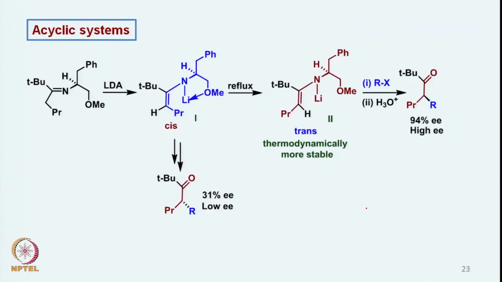In the acyclic systems it is somewhat different. If we take a similar type of chiral amine and react with tertiary butyl, this is obtained from tertiary butyl and this part of the ketone, and this can give the optically pure imine, and when this is deprotonated from here, then what we have is this intermediate, which is of course stabilized by the oxygen as we saw earlier.